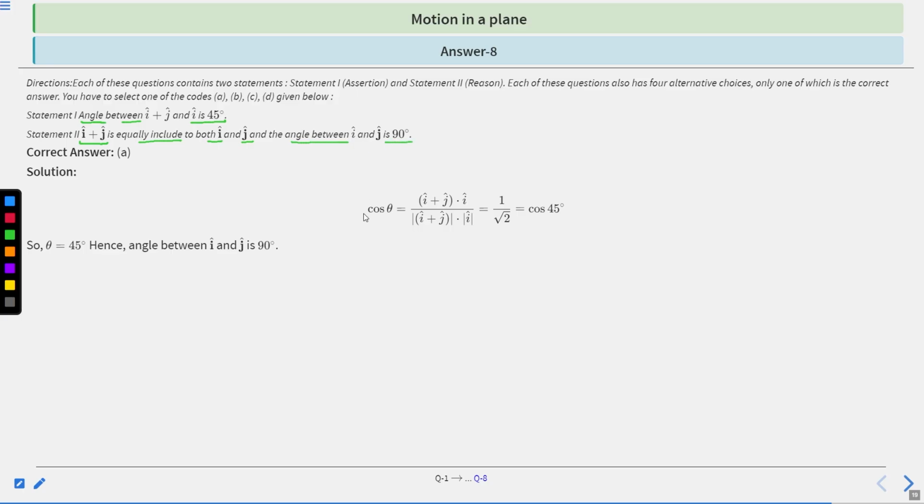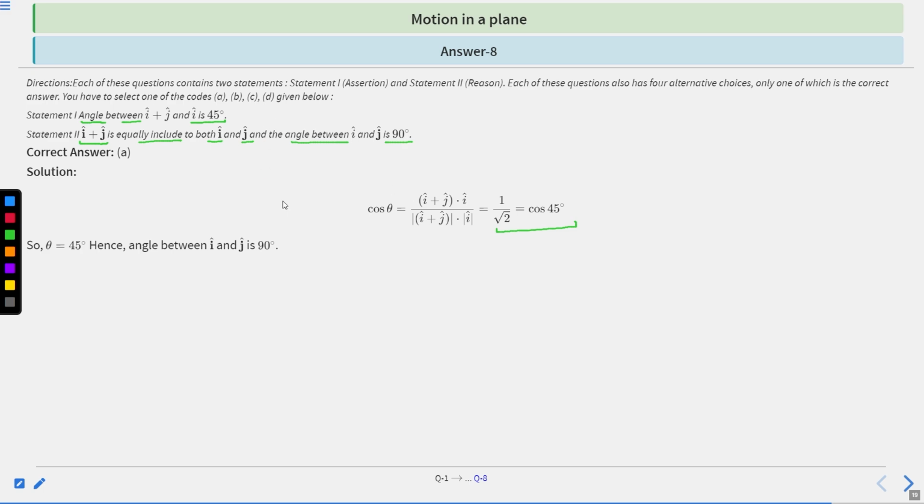We know the formula: cos theta equals (i cap plus j cap) dot i cap divided by the magnitude of (i cap plus j cap) times the magnitude of i cap, which equals 1 by root 2, which is cos 45 degrees.